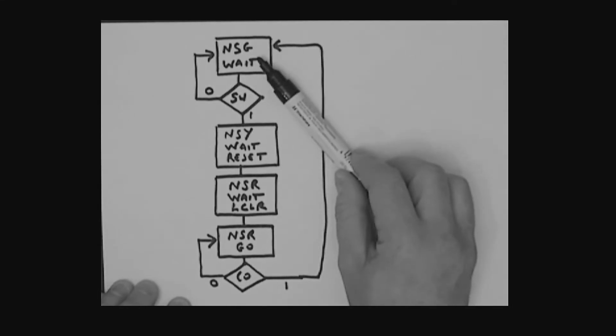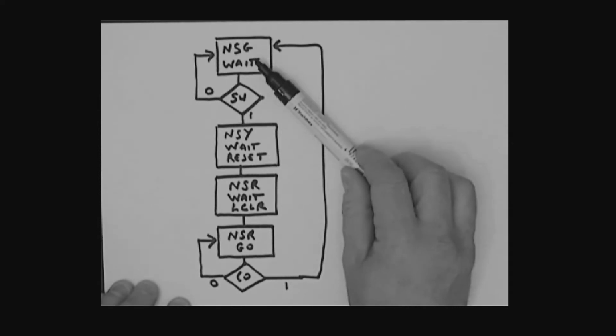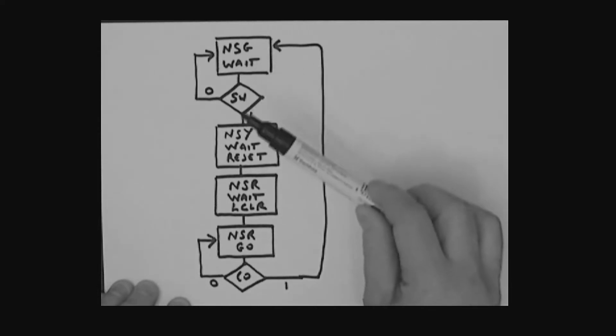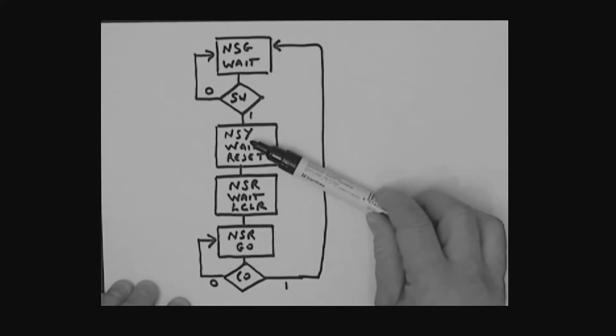But don't forget, you might have a stream of people trying to cross the road. So what's happened? People are continuing to press the button. You've moved back into this state. What's going on? Well, somebody's pressed the button again. SW's a 1. So you come out of this state. On the next clock, you move into this state. And you start changing the lights again, allowing the people to cross the road.